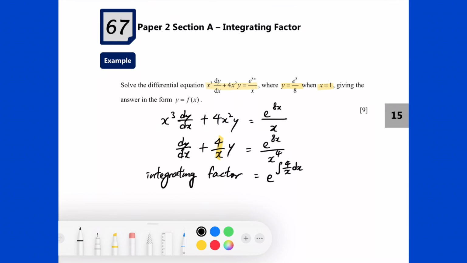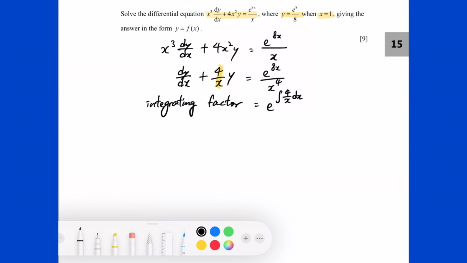Inside this integral, as we can consider 4 to be the coefficient of 1 over x, integrating 1 over x, we will have natural log x.